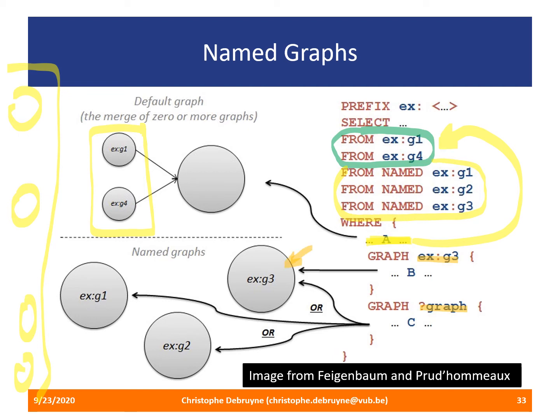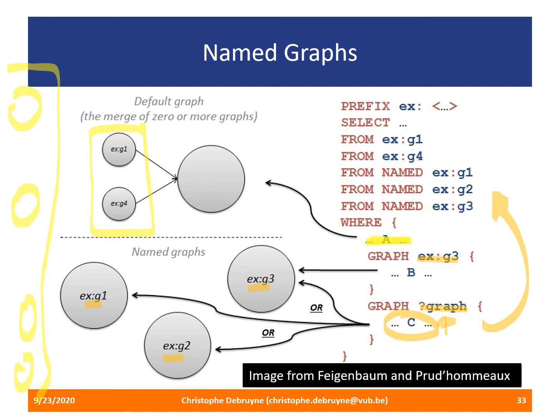And because for this graph pattern, we added a variable name where the graph URI could have been, we are looking for these patterns inside the 3 named graphs declared here. And it's easy as that.